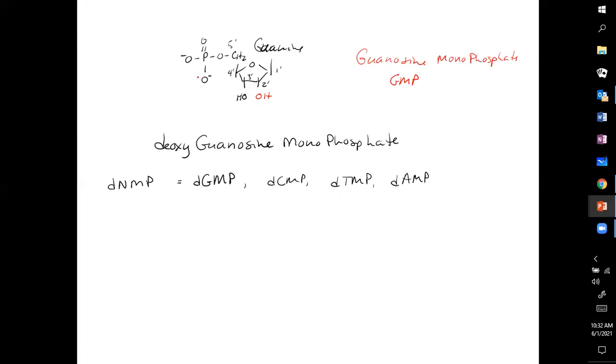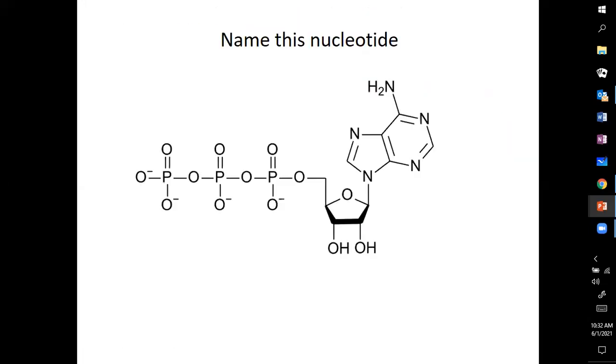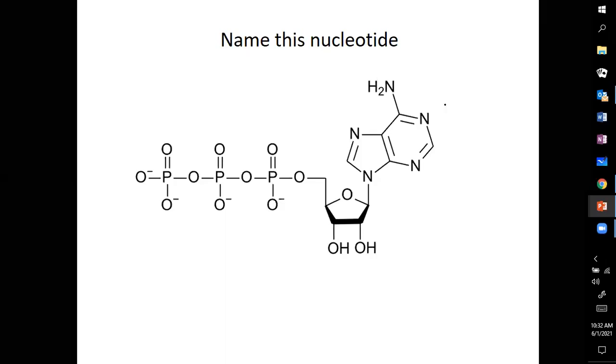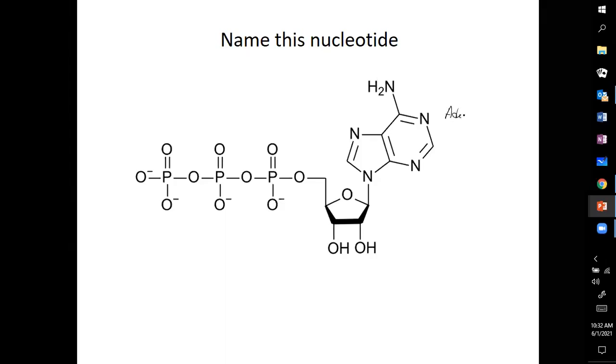Now I said a nucleotide is one or more phosphate groups attached to the 5' carbon. So let's name this molecule. This happens to be an adenine base. Do you think you could give me the complete name for this molecule, and then the shorthand for it?